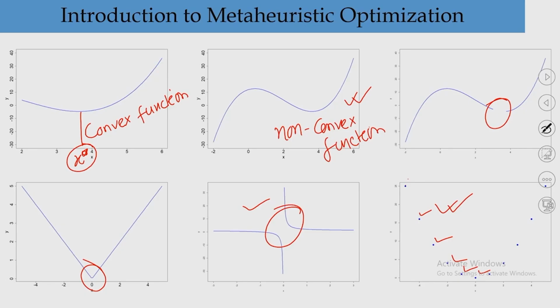Either you should get this solution, or this solution, or this solution. There is no solution in between. Therefore, you will not be able to apply the gradient based classical optimization.